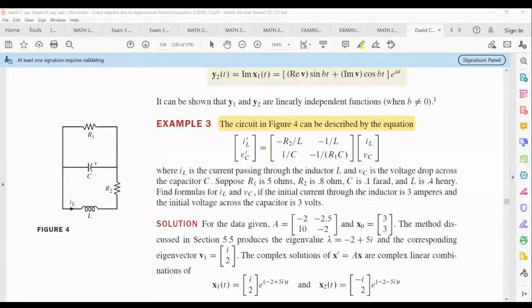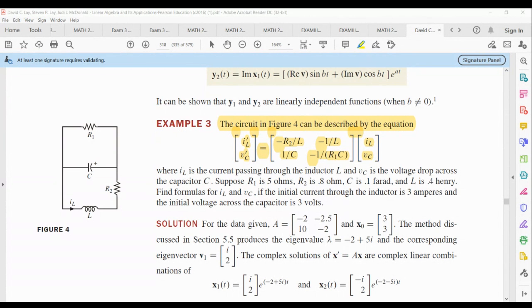Okay, so this problem we're doing goes with example 3, and the differential equations are given here by this matrix equation, where on the left you have the derivatives of current and voltage, and it equals that 2 by 2 matrix times the current and voltage vector on the right.